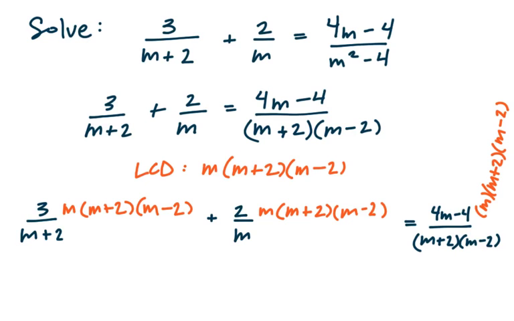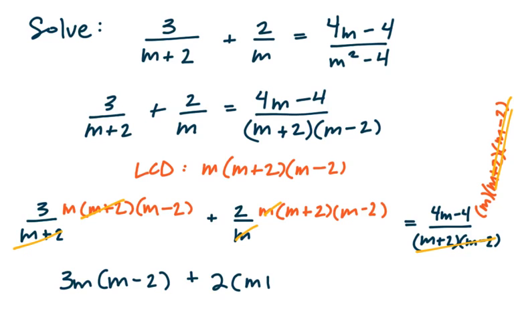So what happens is I lose a denominator and some factors on each of these. This leaves me with 3m, m minus 2, plus 2, m plus 2, m minus 2, equals 4m minus 4, all of which is still multiplied by that last little piece right here that we've got left.